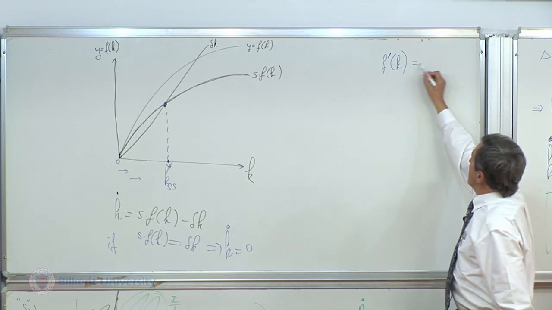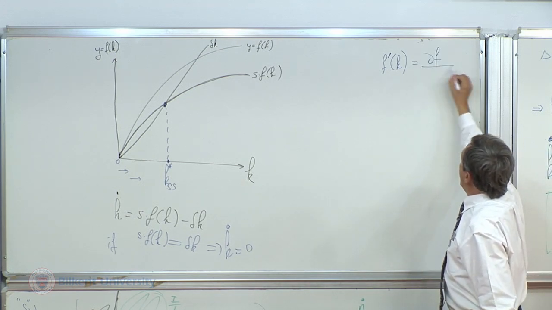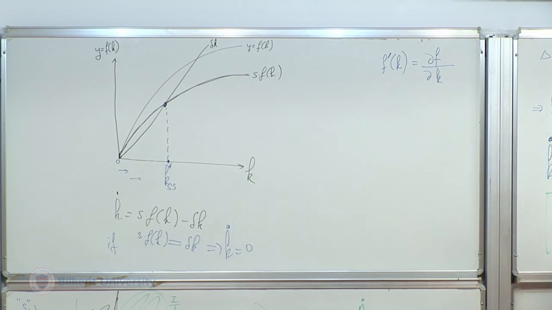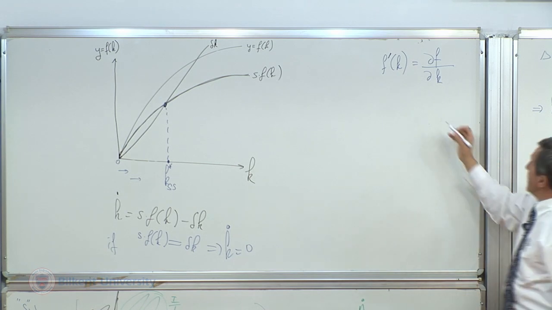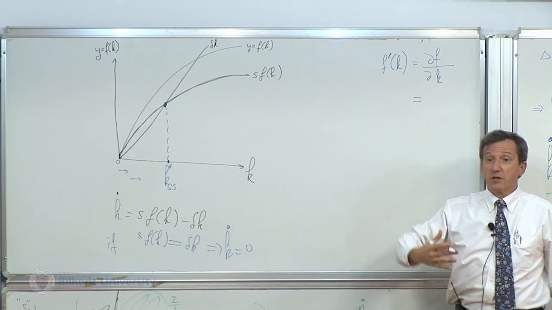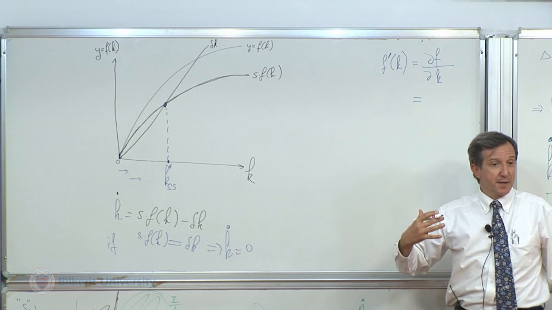That is change in output due to changes in capital per labor. Marginal product of capital in equilibrium is equal to the profit rate or the cost of capital.